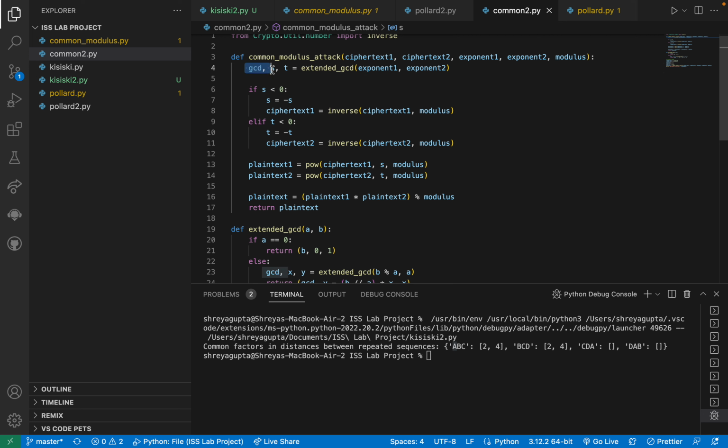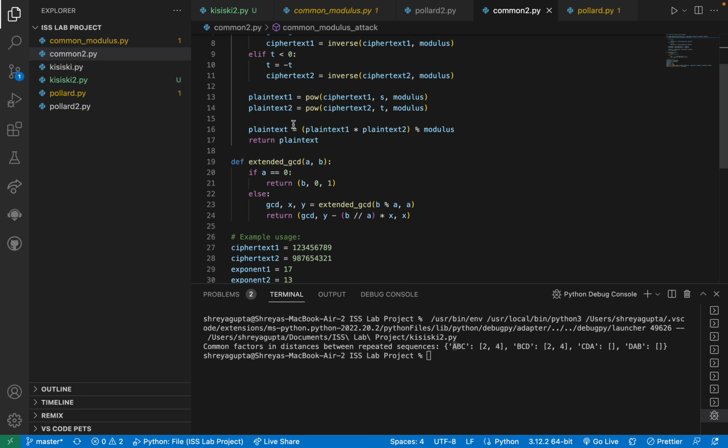We have defined GCD, and s and t are defined in the code. We have used the extended Euclid algorithm for s and t. Then it adjusts the ciphertext based on the signs of s and t, decrypts each ciphertext using the respective exponents, and combines the plaintext to obtain the decrypted message.